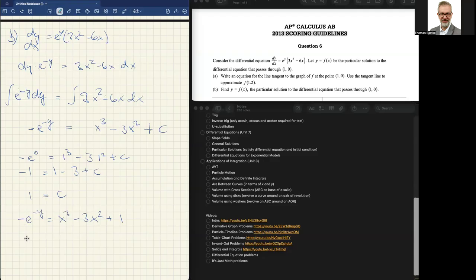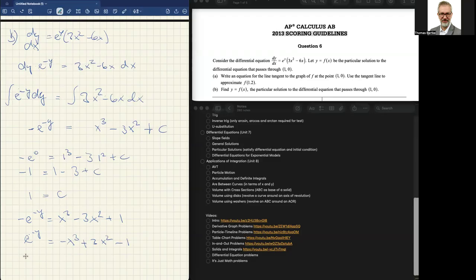So let me move the negative over. E to the -y equals negative. I'm actually going to just multiply this in, so it's not going to confuse us later. So let's do negative to each of these is x cubed plus 3x squared minus 1.